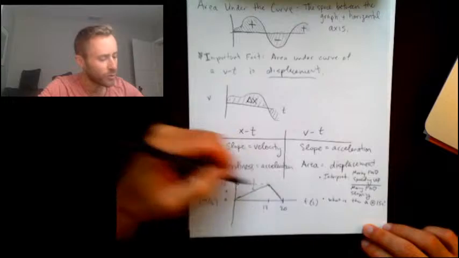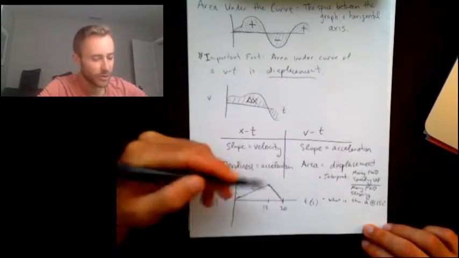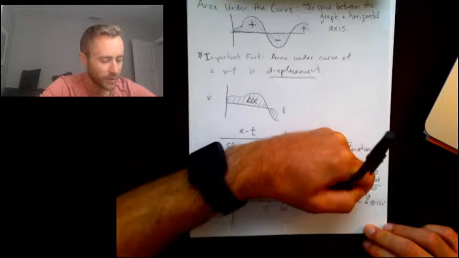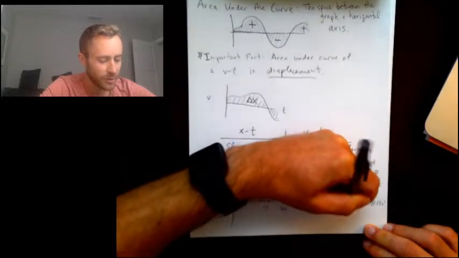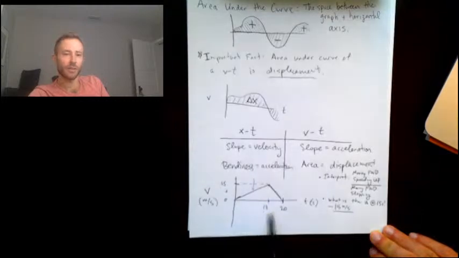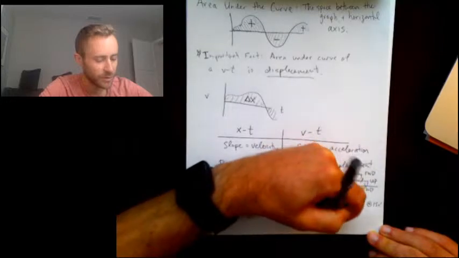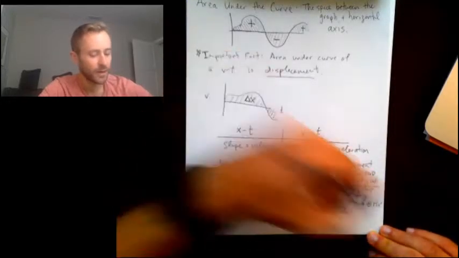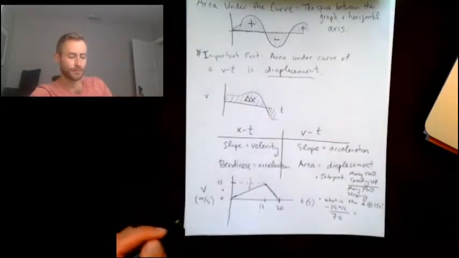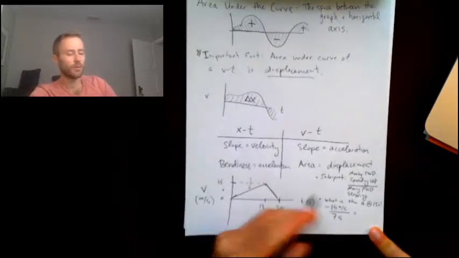So what is the rise of this second line segment? Well, it goes from 15 to 0. So that's a rise of negative 15 meters per second. And what is the run of this line segment? Well, it goes from 13 to 20. So that is a run of 7 seconds. So negative 15 over 7, that's what, 2.14 or something?